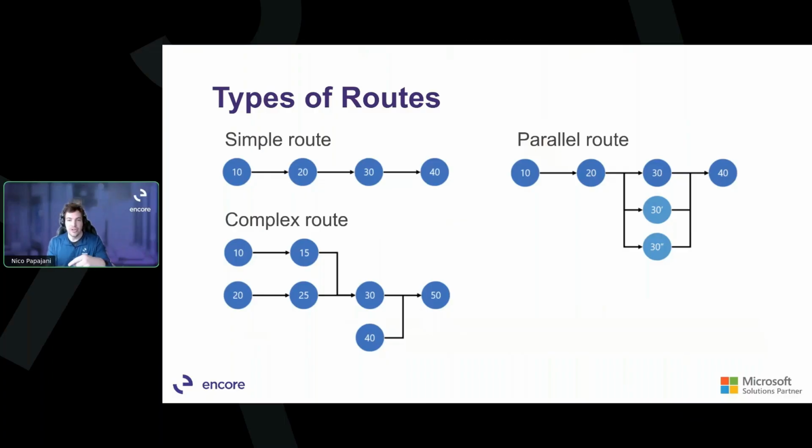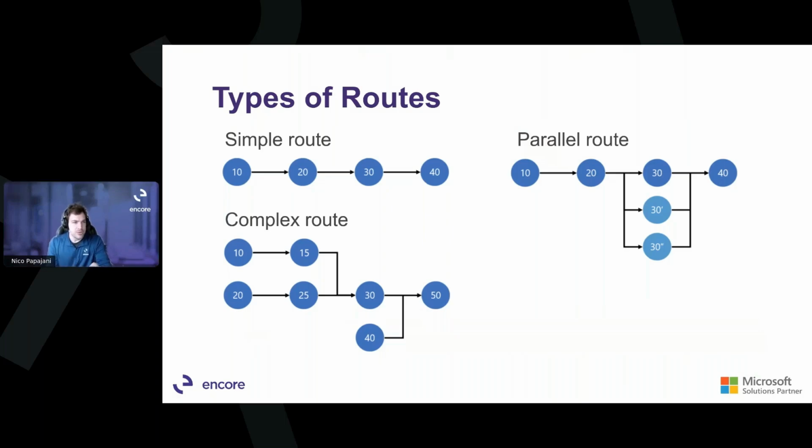That's represented here in this complex route diagram, where we have operations 10 and 15 meeting up with operations 20 and 25, sorry, when they get to step 30, and then maybe having step 40 as an offshoot. Think of maybe quality management, where you're going through and doing some kind of quality control work before it reaches the end. That's represented by step 50.